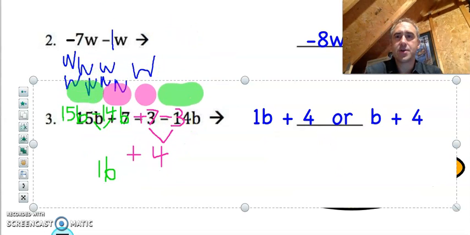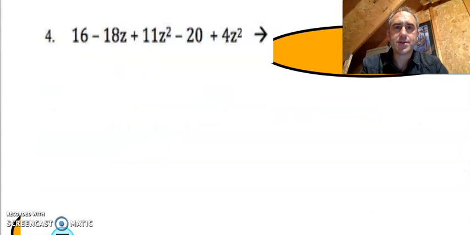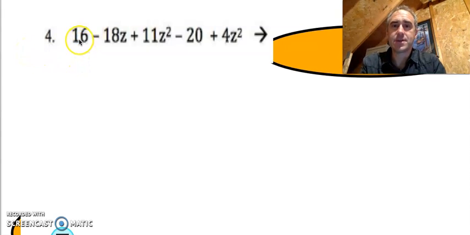Let's move to the next question. Now we haven't really talked about this, but in this expression we have 3 different like terms. So let's identify those. I see terms that just have numbers. I see terms with a z, and I see terms with z squareds.